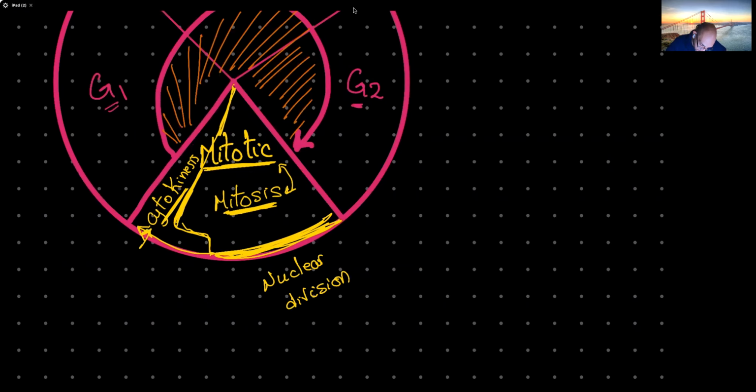The second part of the mitotic phase is cytokinesis, or the cell division. So it's very important to differentiate between mitosis and cytokinesis. Mitosis means nuclear division. Cytokinesis is the cell division. Both together are the mitotic phase of the cell cycle.